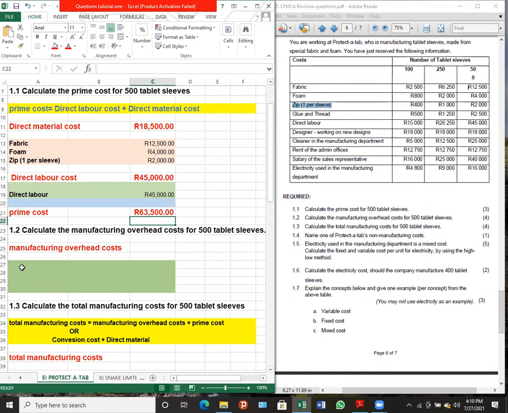Our manufacturing overhead is our indirect cost, the cost that is not directly traceable to a finished product. From the table, what is our manufacturing overhead?